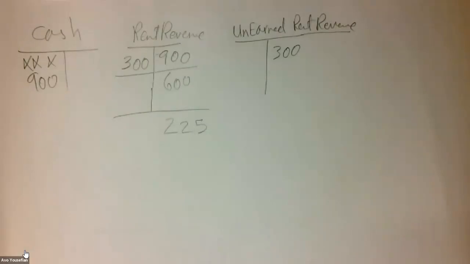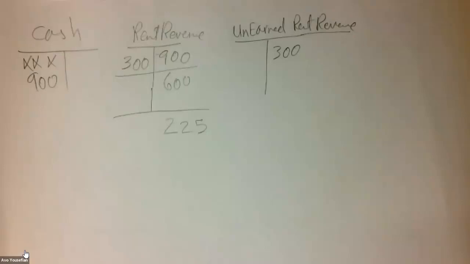Then one of your bookkeepers deferred $300 of rent revenue and put it as unearned rent revenue or deferred rent revenue and created a liability. By doing that, you have a rent revenue of $600, which looks okay, right?